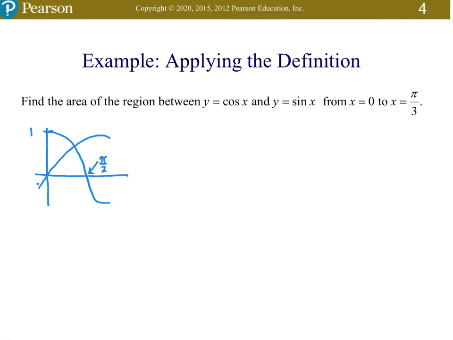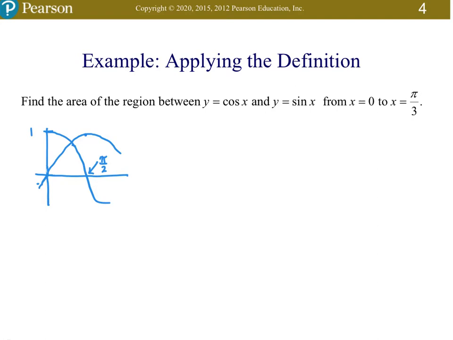A couple things we want to know about where these two things intersect. Let me back this up just a little bit and see if I can draw this a little more accurately so that I give us a good representation. Okay, there we go, that's a little bit better. These two curves, sine and cosine, meet each other at pi fourths, right?